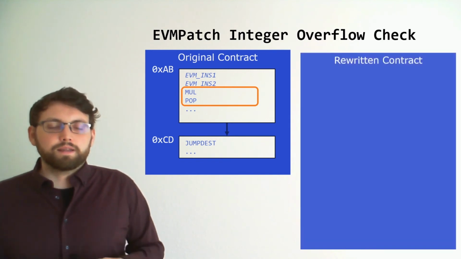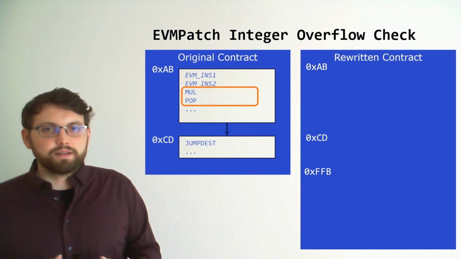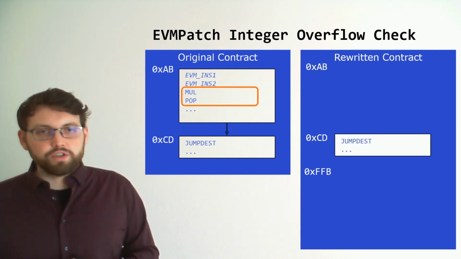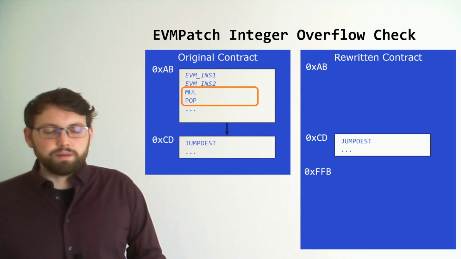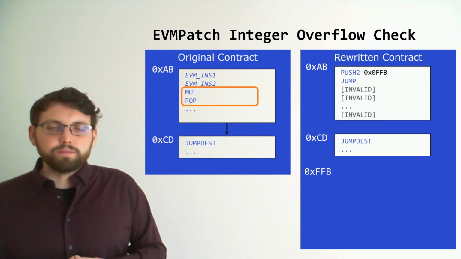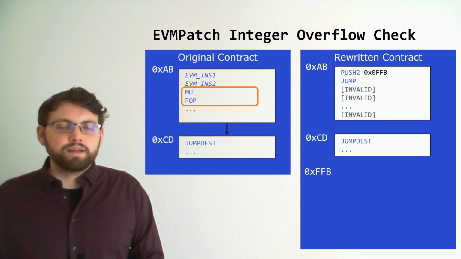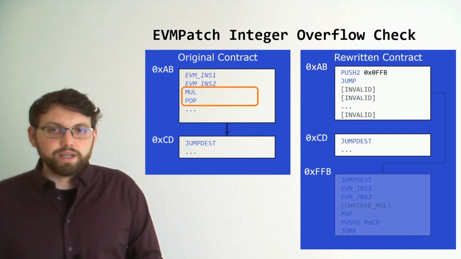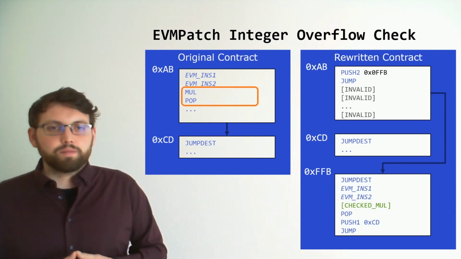Now, the bytecode rewriter keeps the code layout of the original contract intact in the rewritten contract. So basic blocks that are not changed, they are simply copied over, and they are also at the same address. Basic blocks that need to be patched are replaced by trampolines. So in this case, the basic block at hex AB is replaced by a trampoline, which jumps out to the end of the original smart contract bytecode.